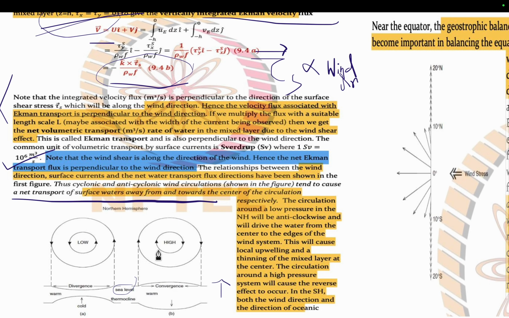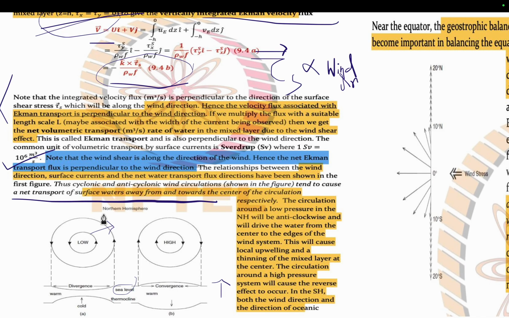Yes, for anticyclonic, tau s and k cap. This tau s is the direction of the wind, and the direction perpendicular to wind direction you have to consider. So you can figure out what will be the tau s direction here in this figure.